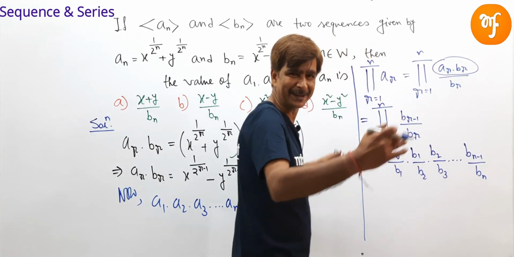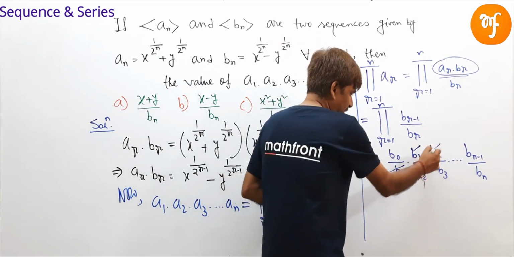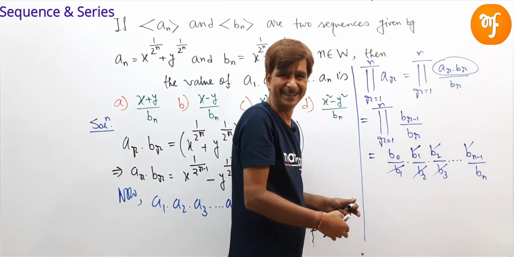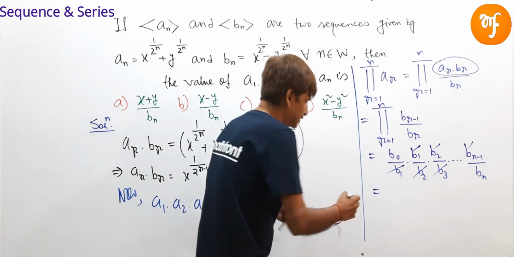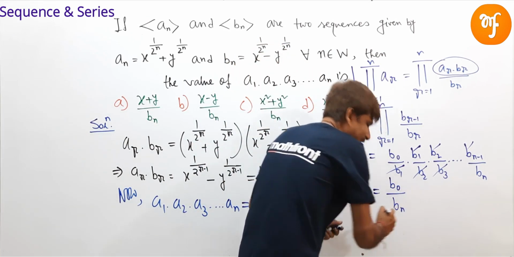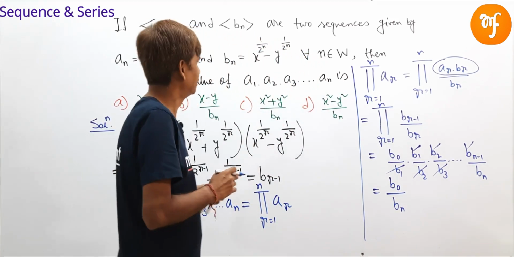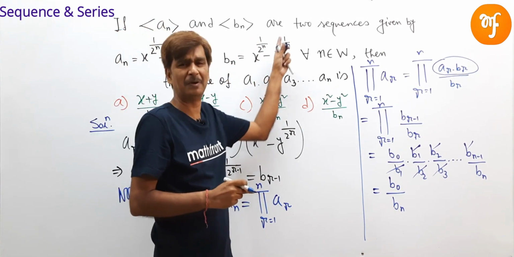Now let's simplify it. So when simplifying, what happens? This b1 b1 cancel, b2 b2 cancel. Similarly, all of these diagonally are cancelled. So what happened? What becomes the result? It is b naught divided by b n. Is it? Now look, what is the value of b naught? Okay, we have b n is x to the power 1 by 2 to the power n minus y to the power 1 by 2 to the power n.